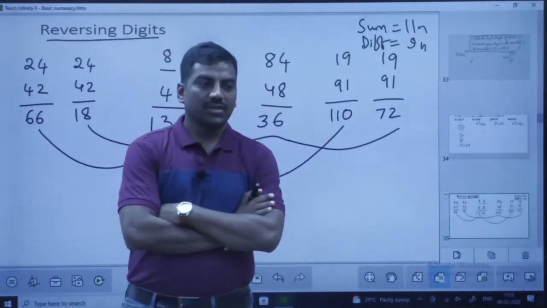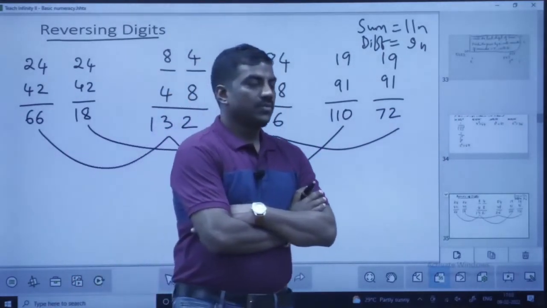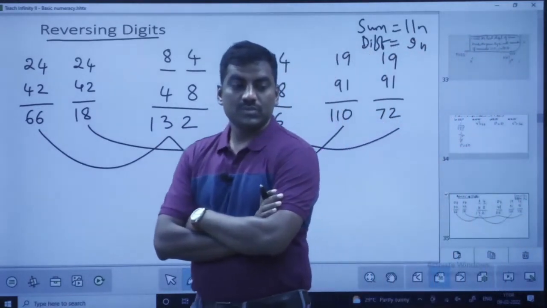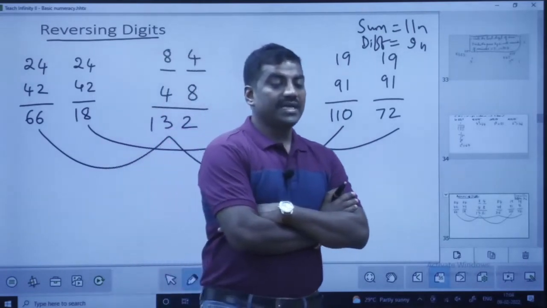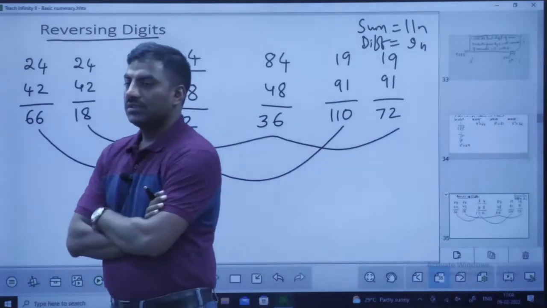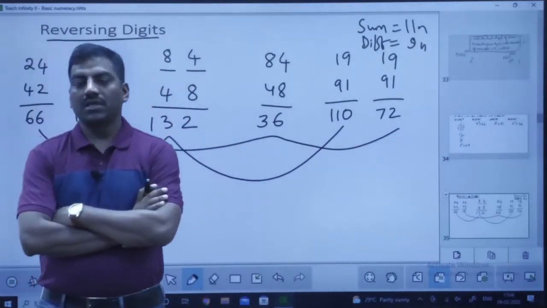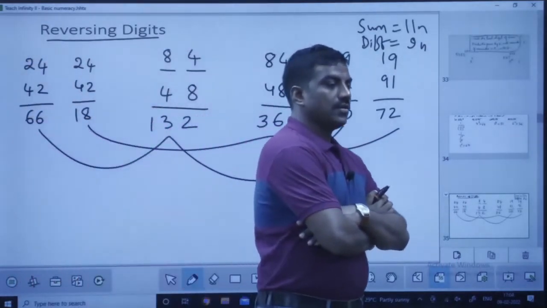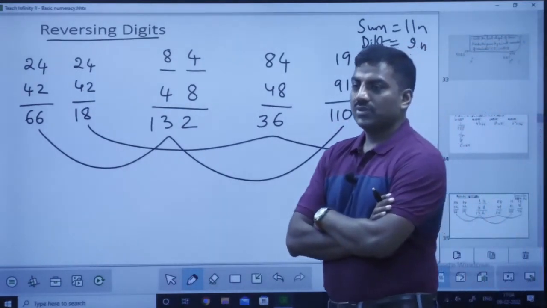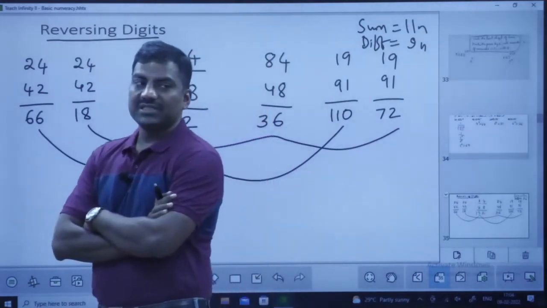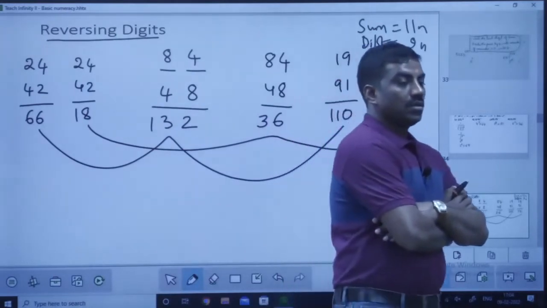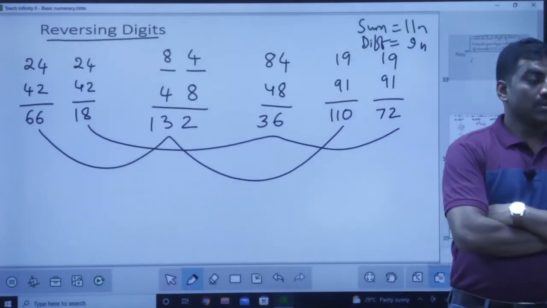In the line below: a two-digit number and its reverse give the difference of multiples of 9.